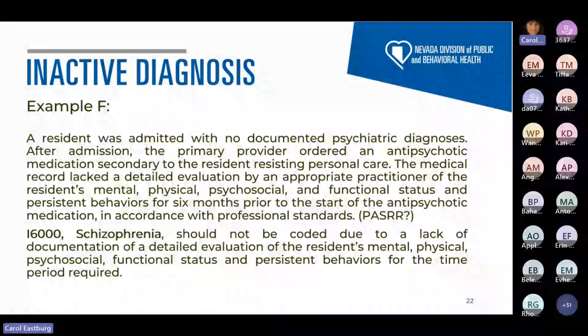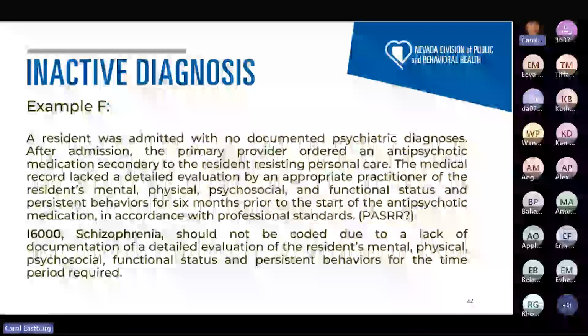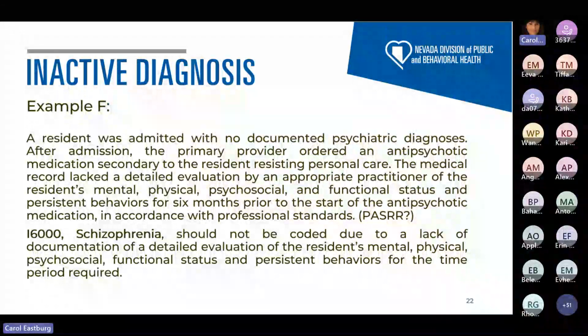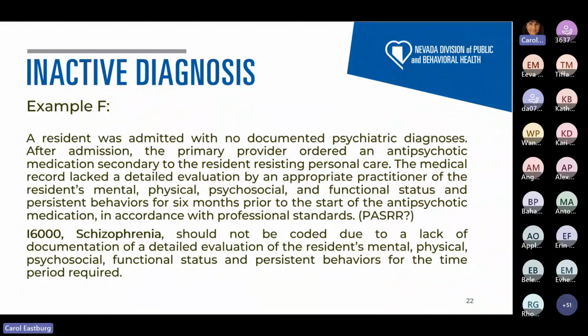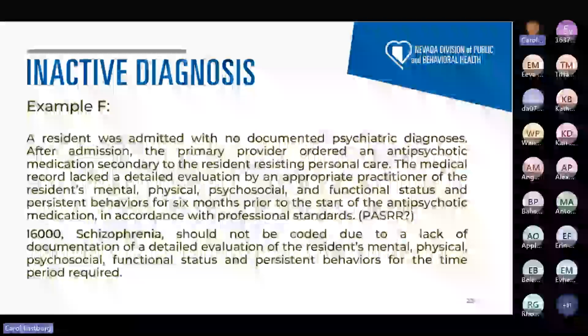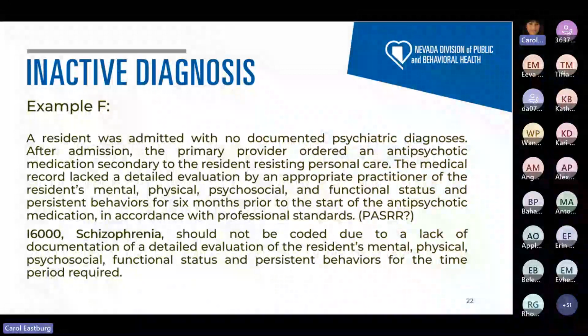The medical record lacked a detailed evaluation of the resident's mental, physical, psychosocial, and functional status and persistent behaviors by an appropriate practitioner, which would be a psychiatrist, for 6 months prior to the start of the antipsychotic medication, and that would be in accordance with professional standards, that detailed evaluation.